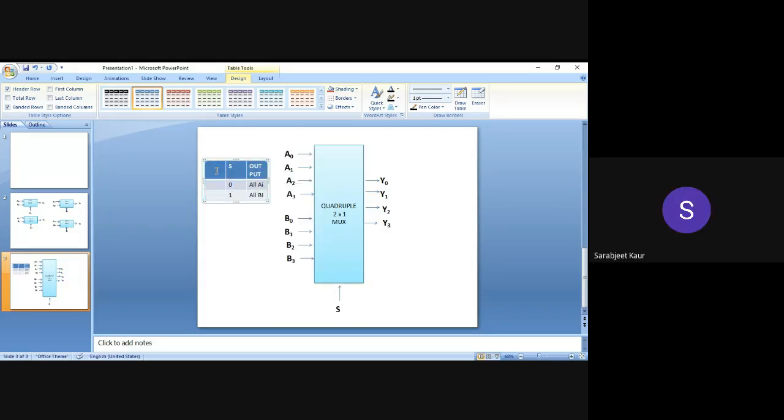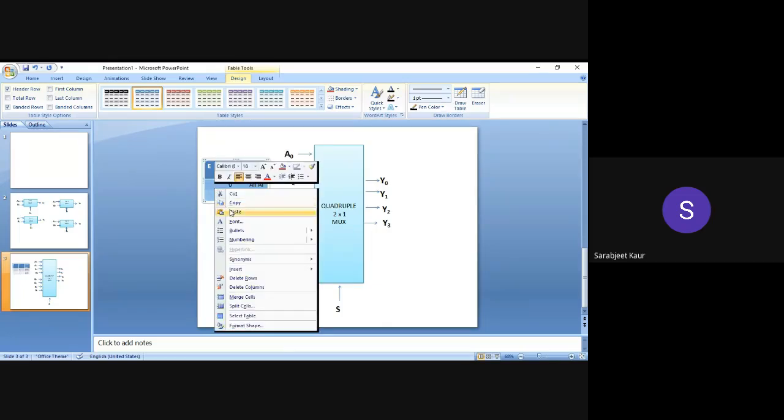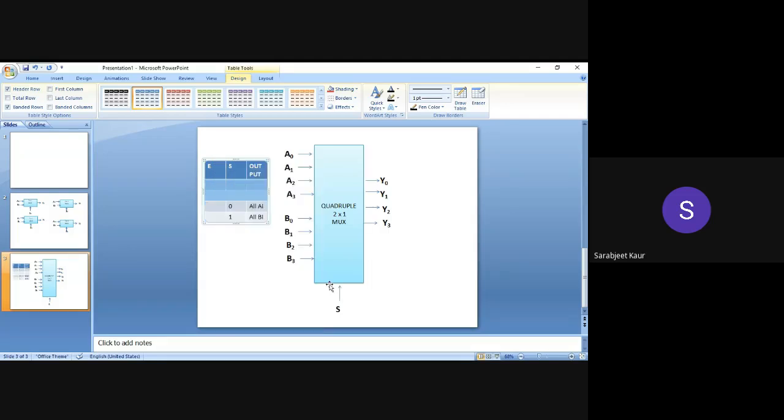Now please see, in the commercial circuits, sometimes there is also another input which is used, which is generally known as the enable input. So what this input does is it generally does the work of a power switch.